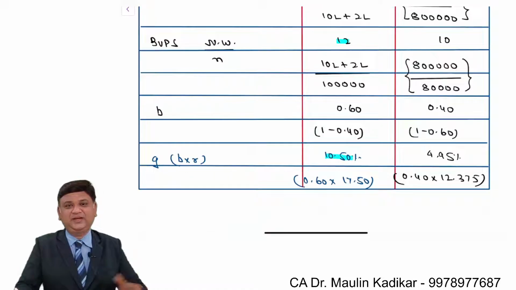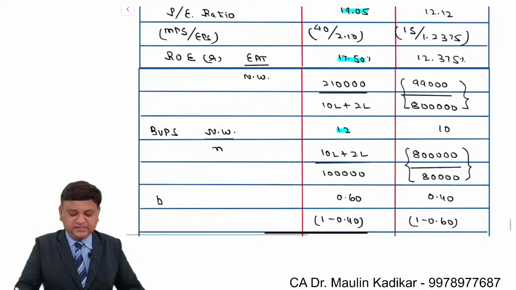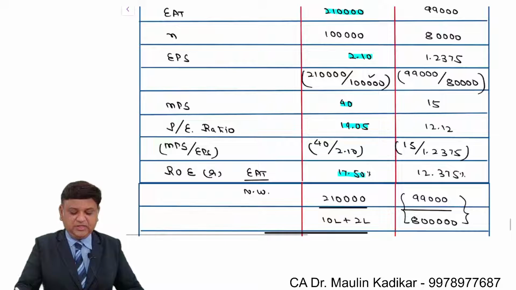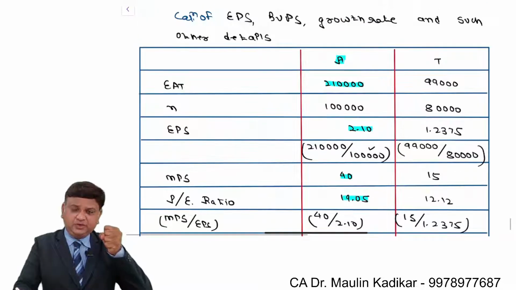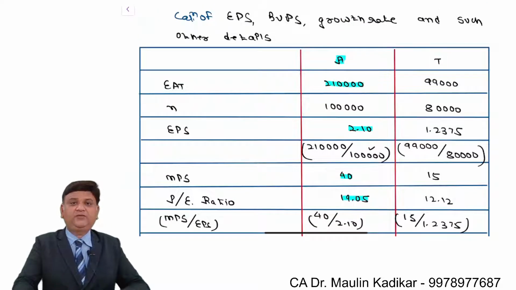So everywhere the acquiring company has a stronger financial position. Since it has a stronger financial position, it will be able to keep the exchange ratio in its favor. It means that the exchange ratio will be near to the lower limit. And what is the lower limit? The lower limit is 0.375.